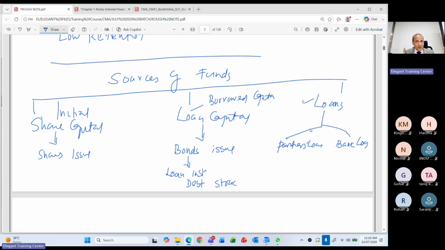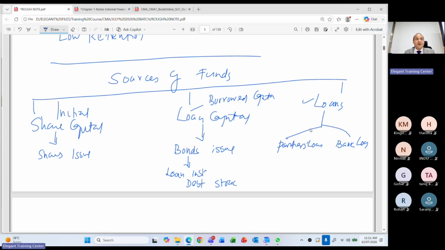Understand the concept? Both are liabilities. When a company issues a debt instrument and raises capital, it means loan capital. So issuing bonds brings you loan capital, but going to the bank and getting loans is not loan capital. That is a mere loan, right?